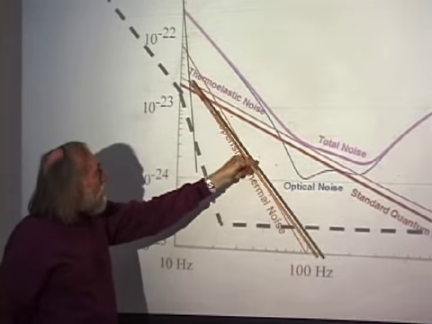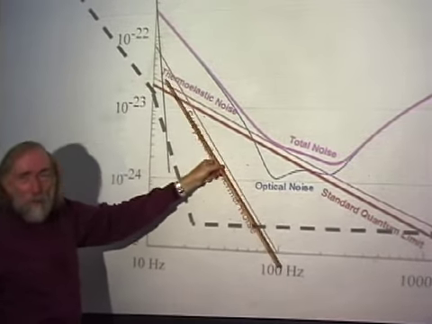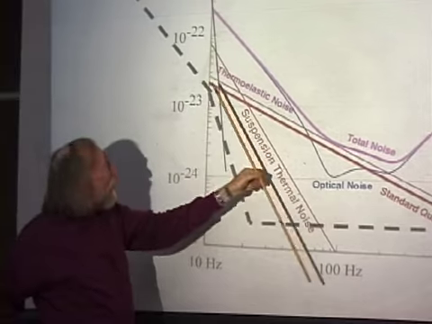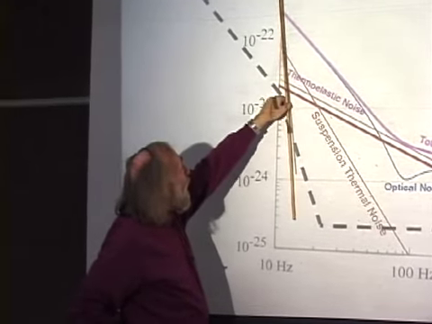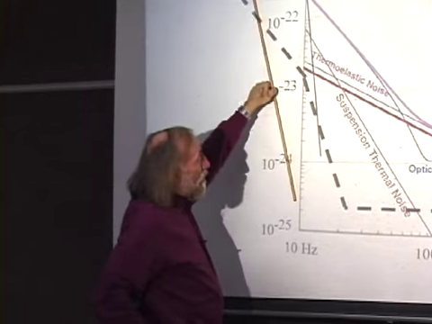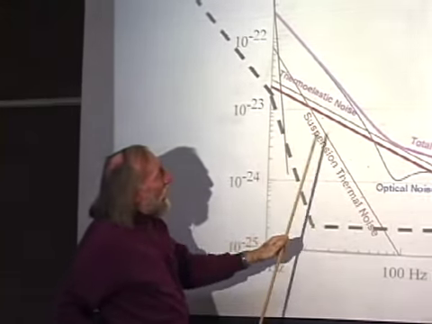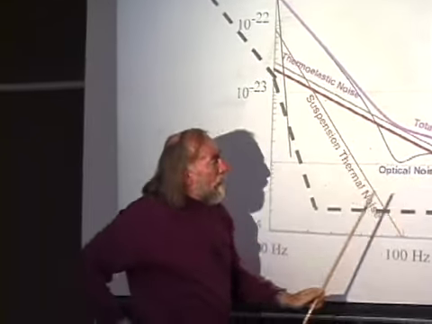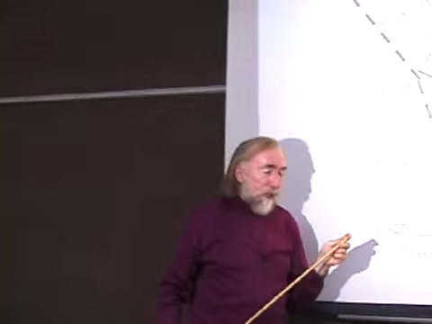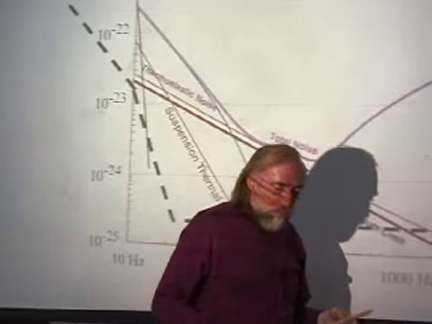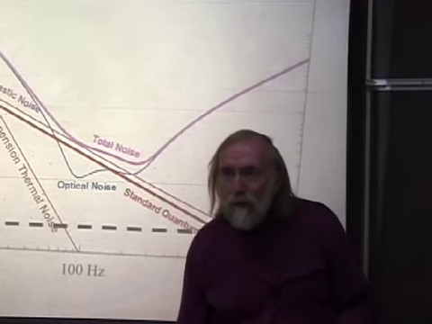Suspension thermal noise and thermoelastic noise you can deal with by cooling, and Ron will talk about that. Seismic noise you would have to deal with by a more effective seismic isolation system. And the optical noise you have to deal with by new designs for the optical topology of the interferometers, like Yan Chen talked about, quantum non-demolition interferometers.